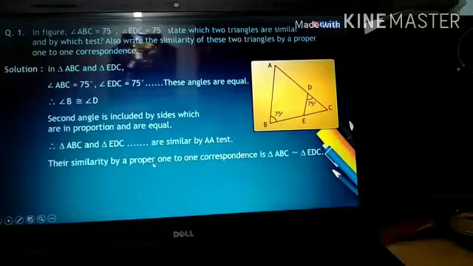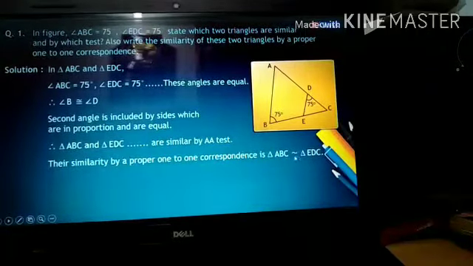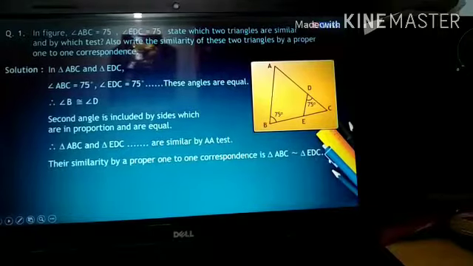Their similarity by proper one-to-one correspondence is, we write down the name of the first triangle as triangle ABC. Now for triangle ABC, angle B corresponds to angle D, and C is the common angle. So the correspondence is triangle ABC is similar to triangle EDC.